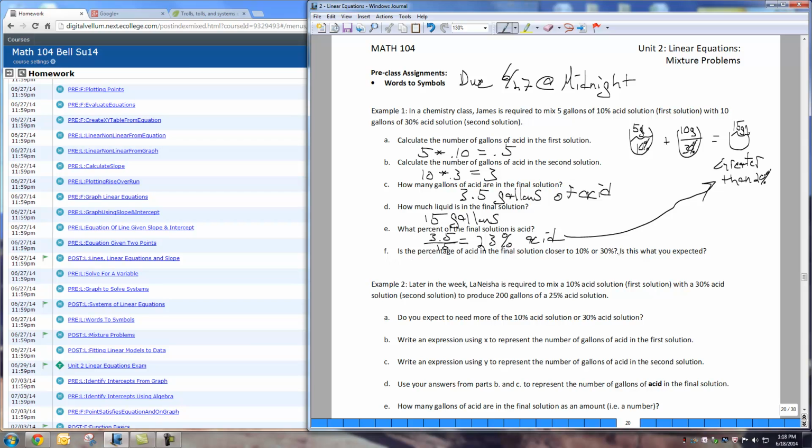Is the percentage of acid in the final solution closer to 10 or 30? Is that what you expected? Yes, it is what I expected.